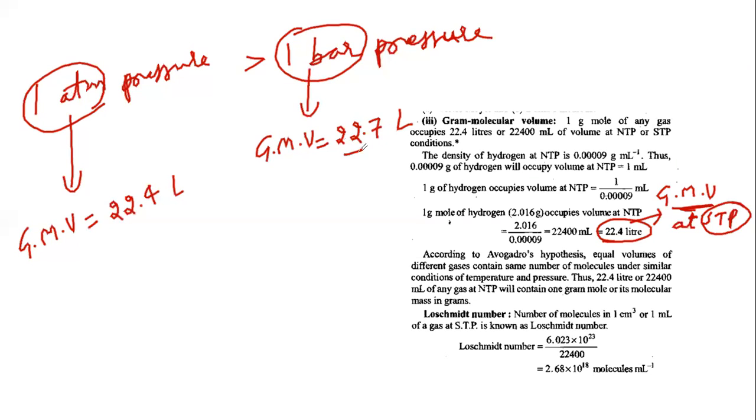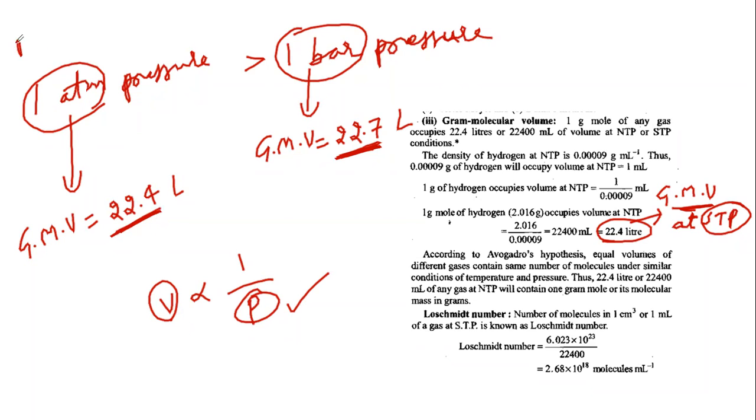Okay, which volume is greater here? 22.7 liters is greater than 22.4 liters. Why is this volume greater here, 22.7? Because 1 bar pressure is slightly lesser. When pressure is lesser, volume will be greater. So the volume is always inversely proportional to what? Pressure, we know. So if 1 atm pressure is taken, 1 atm means slightly more pressure. If pressure is more, volume should be less. That's why 22.4 liters.